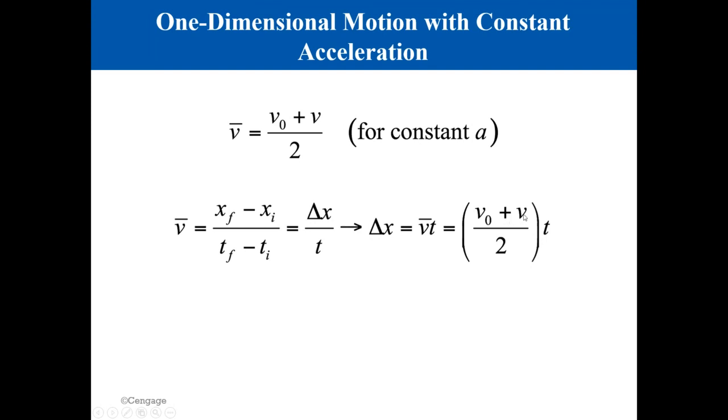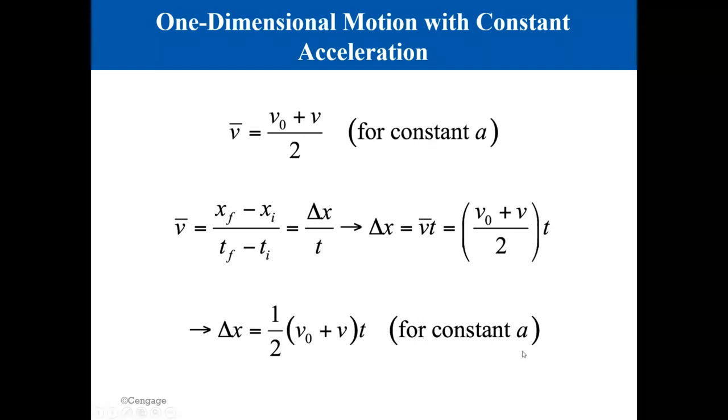So it is (v naught plus v) over 2 multiplied by t. So I have the second equation of the kinematics equations. We have 4 of them. So this is the second kinematic equation. The change in position x is half (v initial plus v final) multiplied by t. Again, this is for constant acceleration.